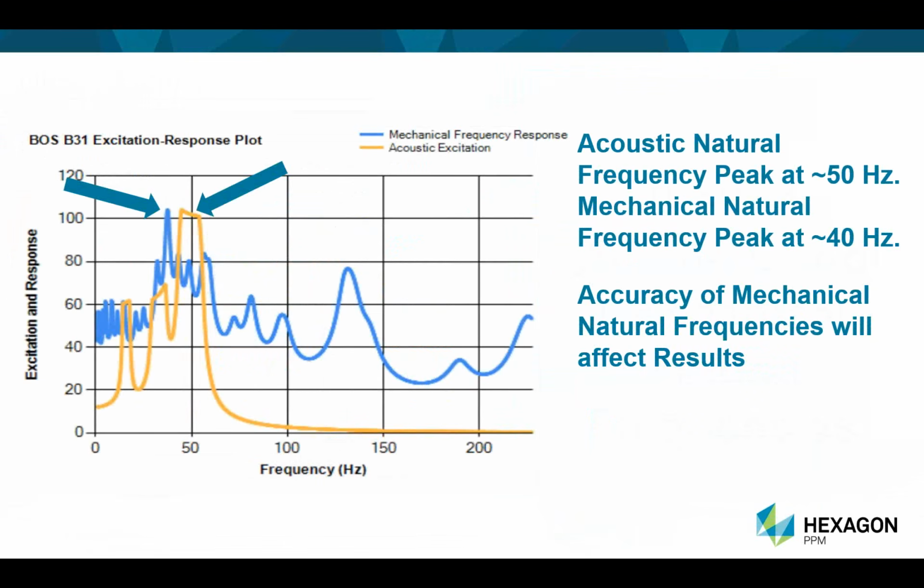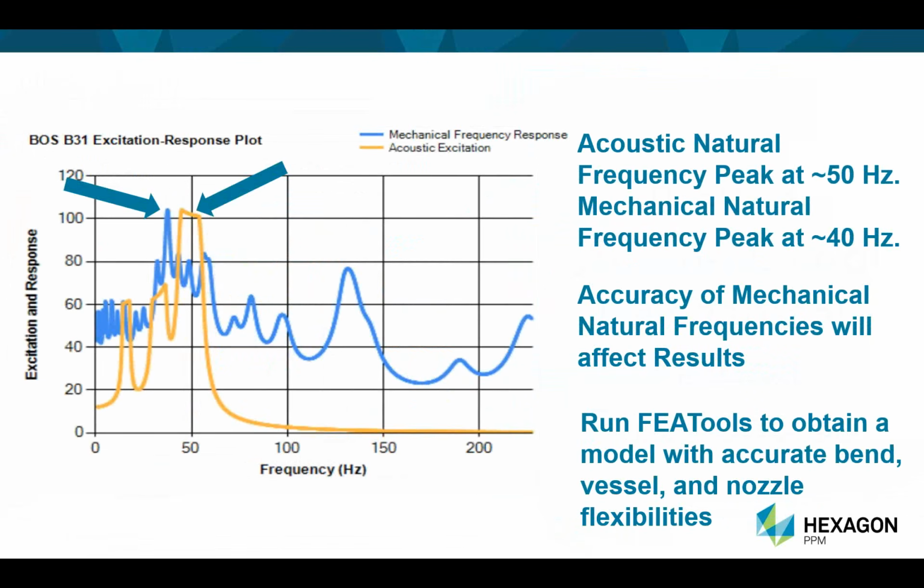Now, for many systems, running this through FEA tools probably would not be required, but for many other systems that are essentially appearing to be rigid, then it is required, because if you run FEA tools to obtain a model with the accurate bend, vessel and nozzle flexibilities, such as high D over T systems, where ordinarily you would assume that nozzle connections and T's with a high D over T have a kind of infinite stiffness because K equals 1 in the codes.